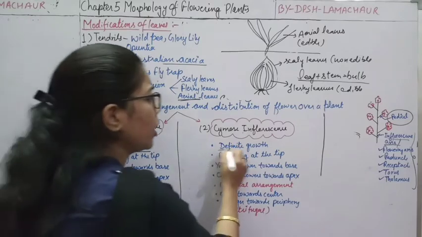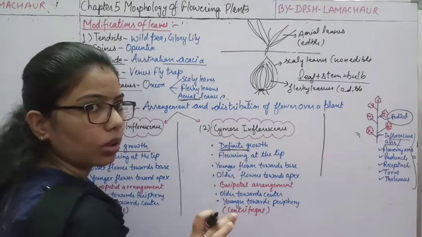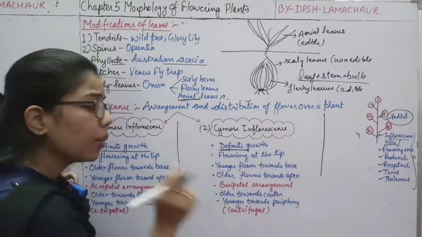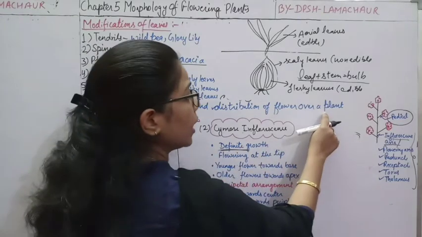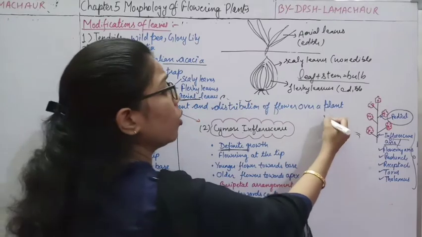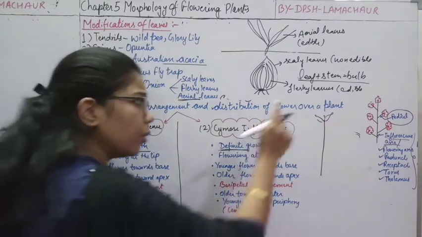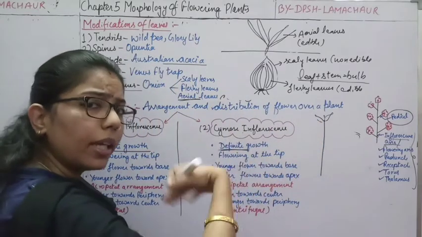But cymose has definite growth. Why is it so? Because in case of racemose, there will be no flower at the tip. So the growth will be unlimited.